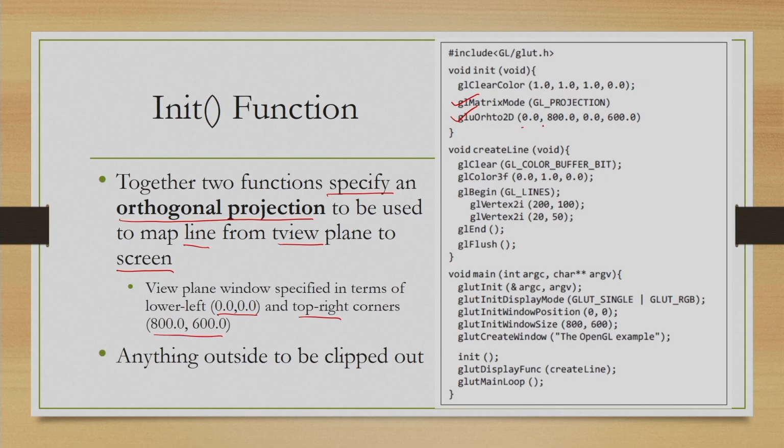So, these arguments specify the lower left and top right corners of the window. And during this projection, anything outside of this window is clipped out, as we have discussed during our pipeline discussion.